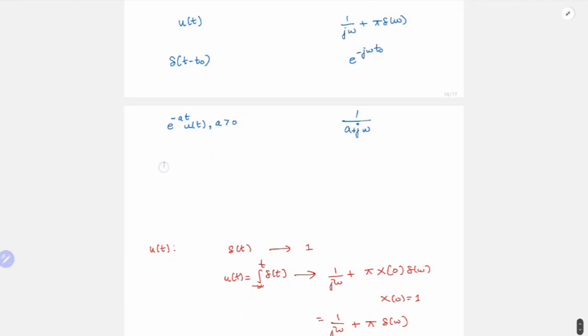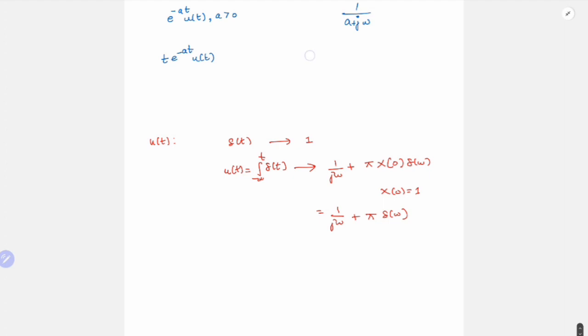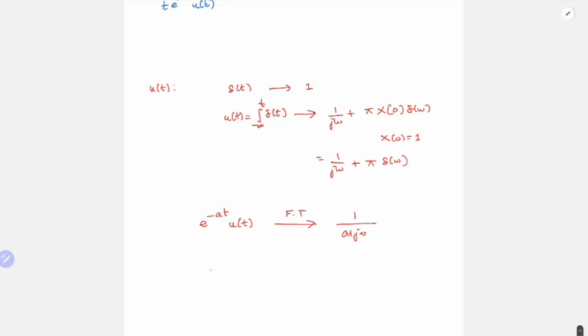And suppose we wanted to find t e^(−at) u(t). This is nothing but minus d/da of this term. So I'll write it here. e^(−at) u(t) was giving 1/(a + jω), right? So in other words, we can also write e^(−at) u(t) as 1/2π times the integral from minus infinity to infinity of 1/(a + jω) e^(jωt) dω.